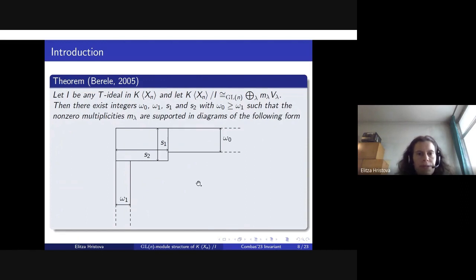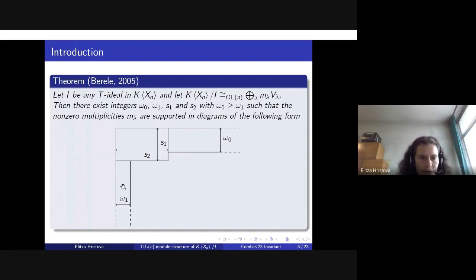And then Beryl improved it in 2005, proving that for any T ideal I, there exist four integers omega 0, omega 1, s1, and s2, with omega 0 always greater or equal to omega 1, such that all non-zero multiplicities in the GLN module decomposition are supported in diagrams of this form, which means that the first omega 0 rows of the partition can grow arbitrarily large.